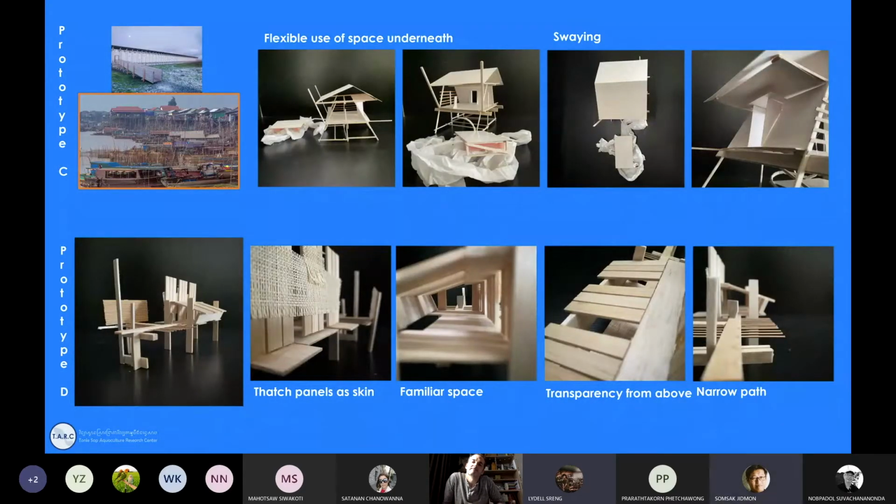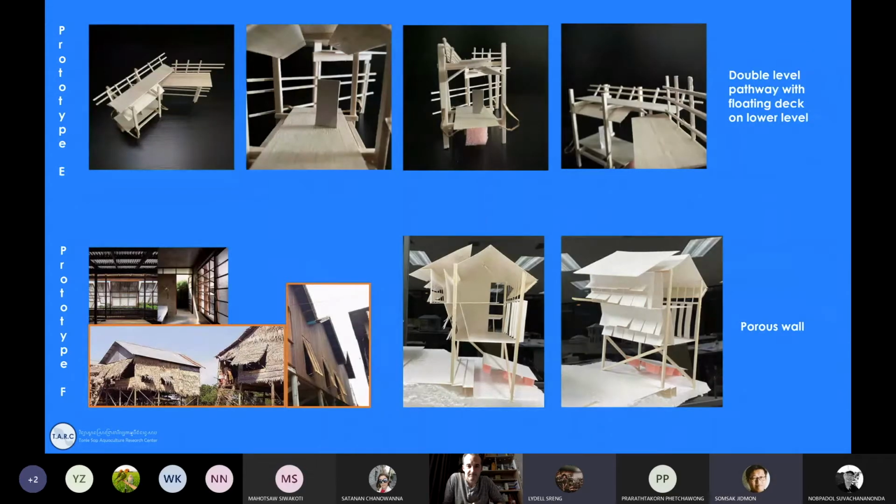And in other prototypes, looking at how the space underneath the buildings can be used according to the changing water environment. And then looking at various aspects of the site, like the pathways and such, and other prototypes to look at how the previous openings can be translated again.